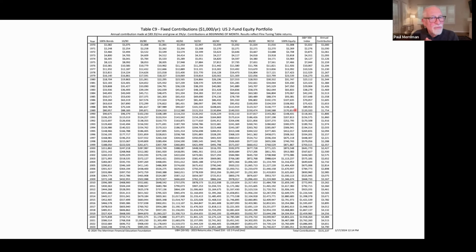It could be you'd be richer if you didn't rebalance, because the small cap value portion would continue to grow faster. But this is the assumption. Rebalance once a year. So now we're coming into the third decade of this analysis, starting with 171,000.